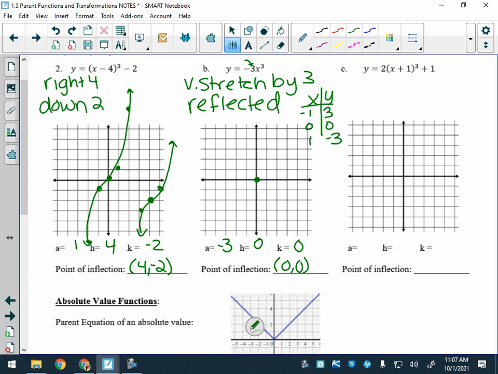By doing that, it takes care of your reflection and your vertical stretch at the same time. So we multiplied the y values by negative 3. Questions?